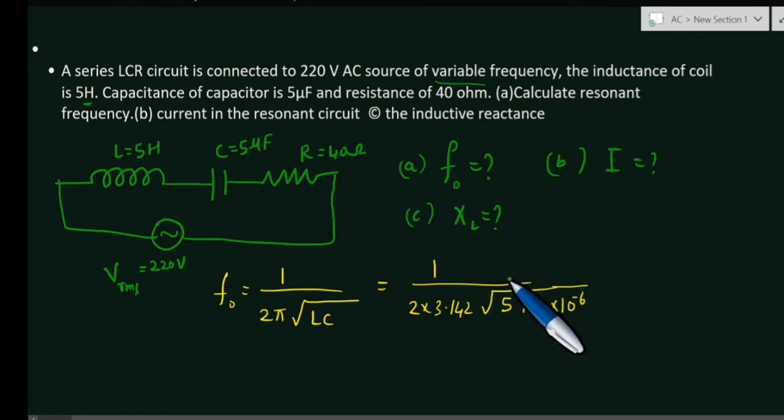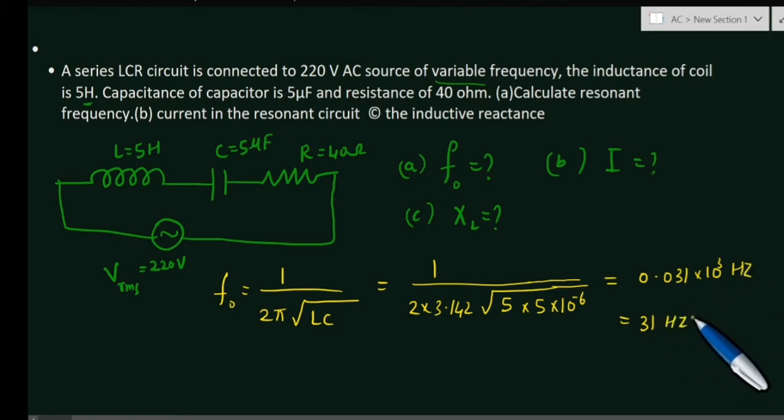If you solve this, you will get the value of F naught equal to 0.031 into 10 to the power 3 Hertz, or 31 Hertz. So this is the value of resonant frequency, that is 31 Hertz.